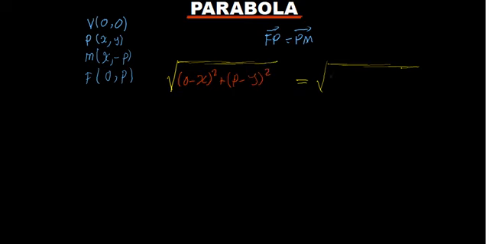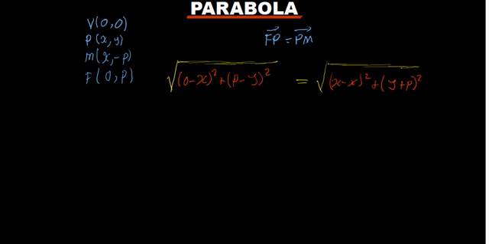Then for P and M, we're going to say (x minus x) squared plus (y minus negative p), which is just going to be a positive p, squared.